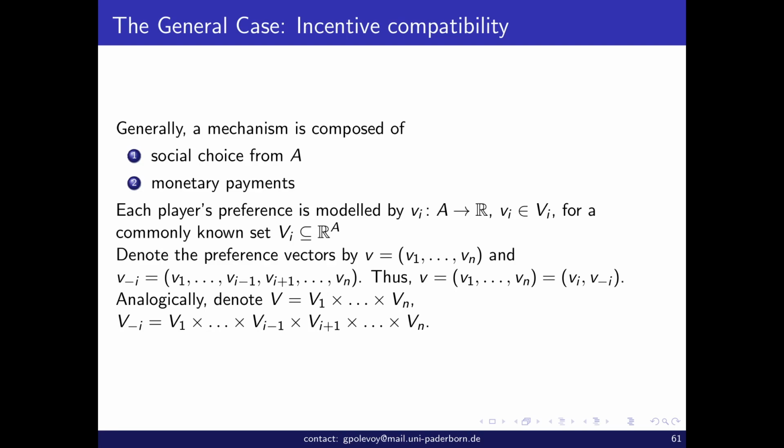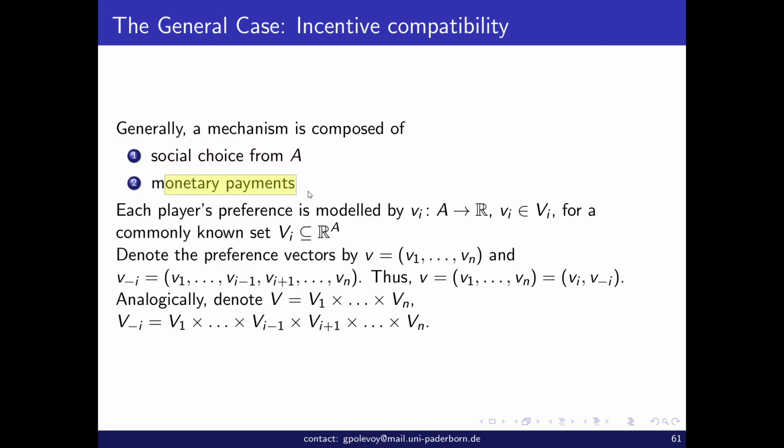Now, from this concrete case of an auction, let's go to the general case of incentive compatibility. So we want to decide upon the best option. So the mechanism is composed of some social choice we need to make based on the preference of the people, and we may force them to pay.